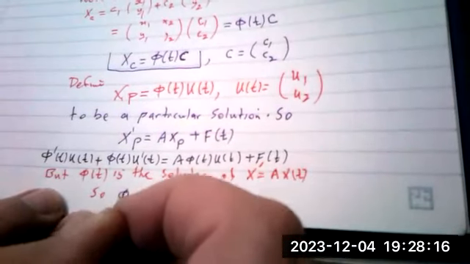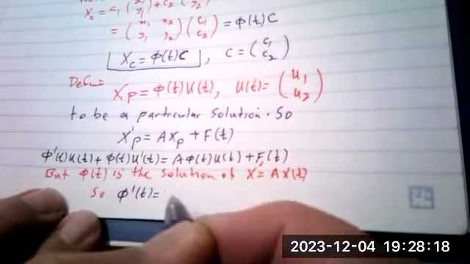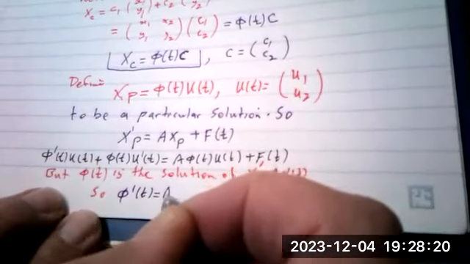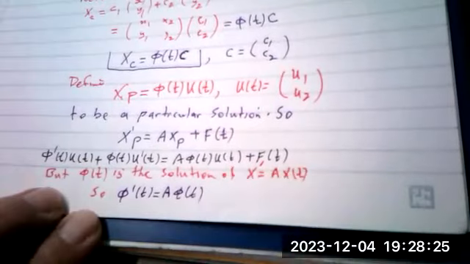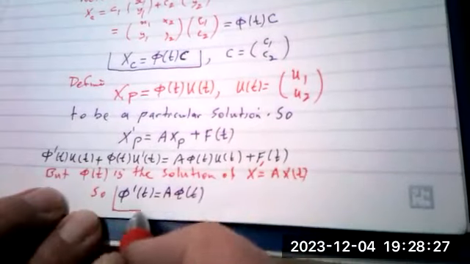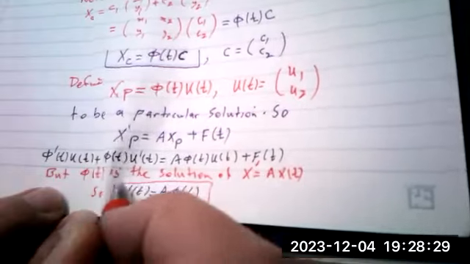Satisfy means phi prime of t is going to be equal to a times phi of t.